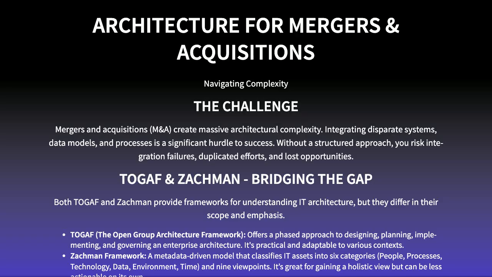During M&A, we need to start with a clear assessment of both companies' existing architectures, then align on common goals and principles. Finally, we create an integration roadmap that covers timelines, resources, and potential snags, and then put in place governance to keep things running smoothly.